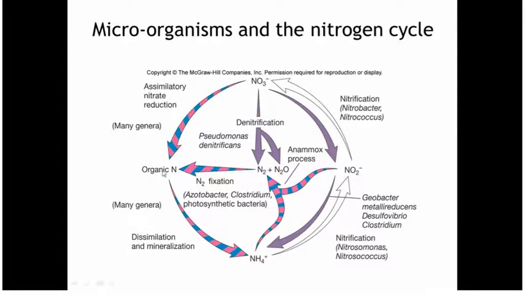This one, I don't really know what that is. This is getting rid of organic nitrogen. Something has died, it's released a lot of protein, bacteria taking up this protein and using it as a source of energy.